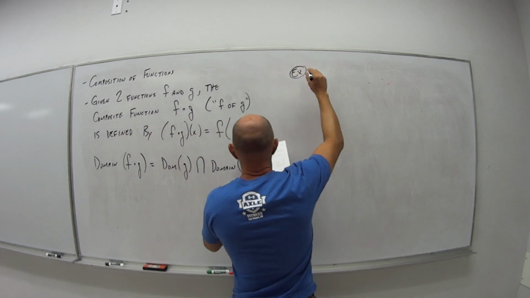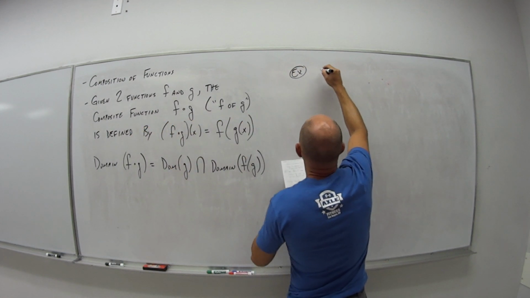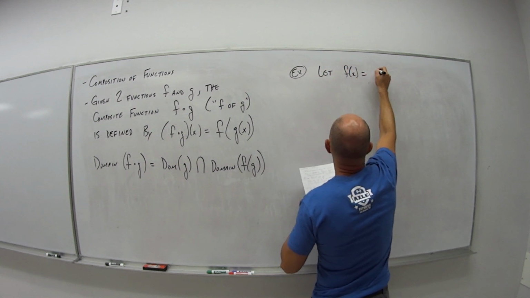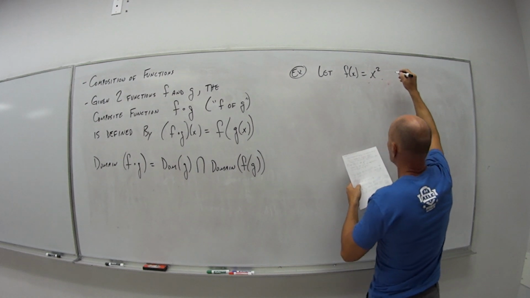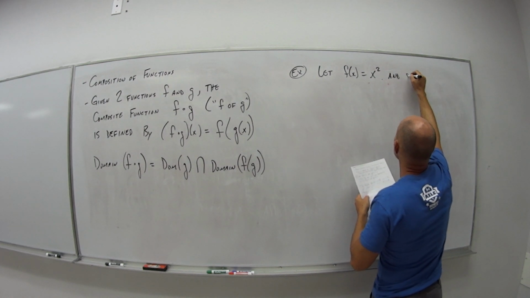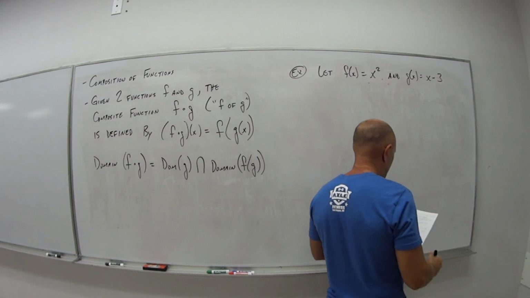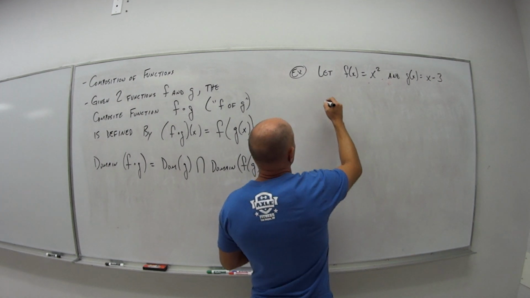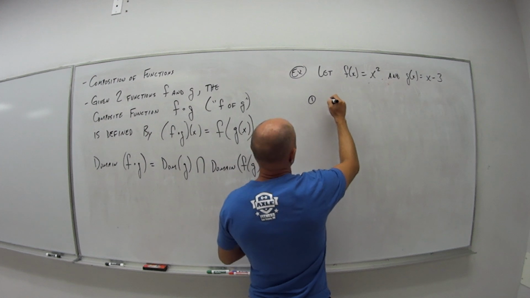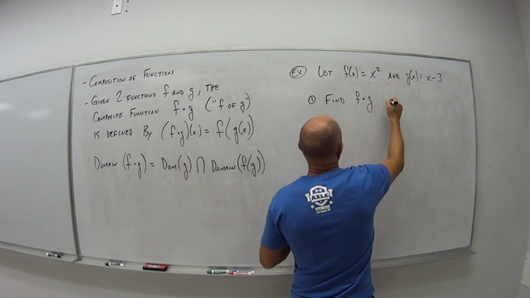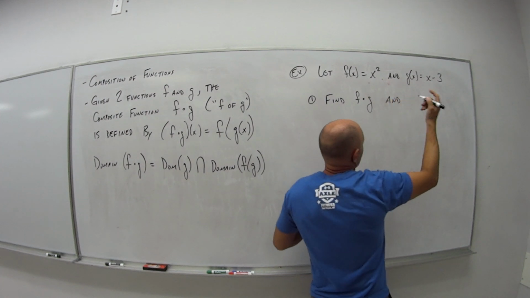So let's look at an example. Let f of x equal x squared, and g of x is equal to x minus 3. First thing I want to do is find f of g, and the order we can change.